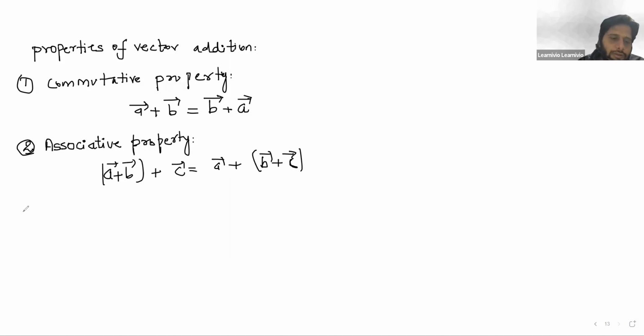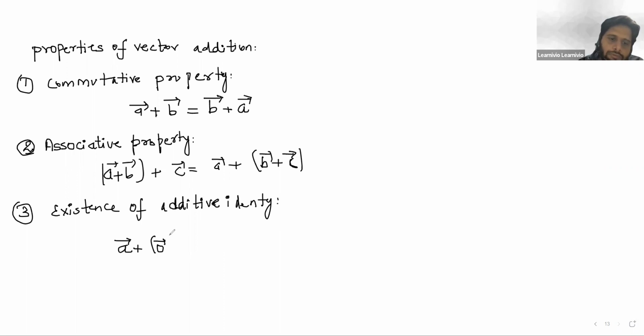Third is existence of additive identity. That means to a vector A, we can add another vector so that we get the same vector. So 0 is the additive identity.